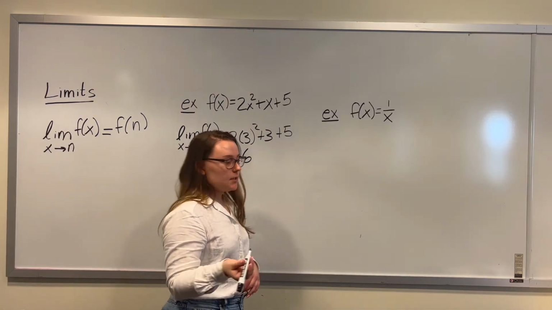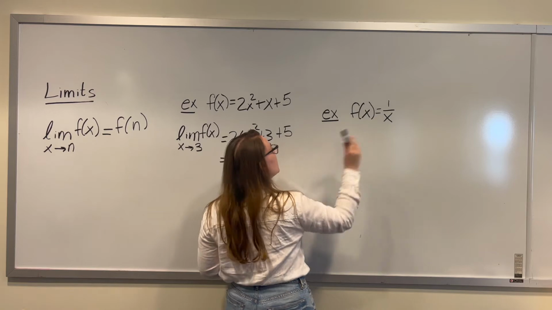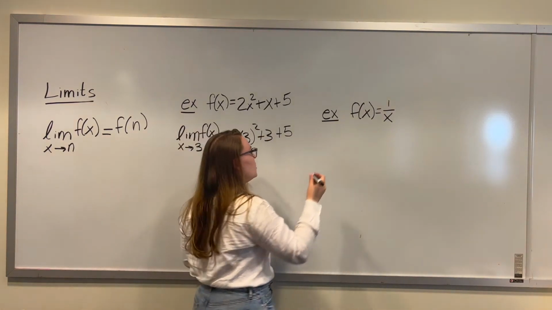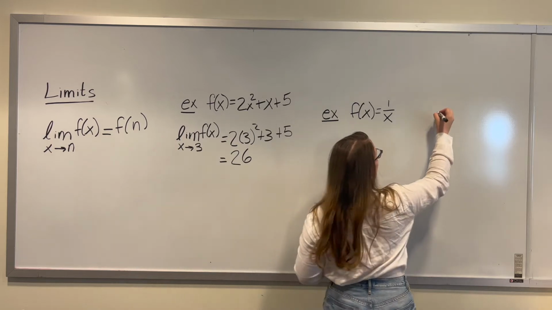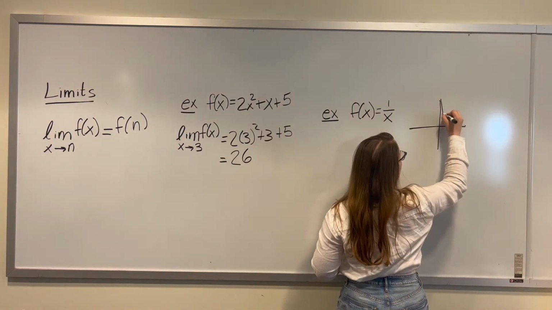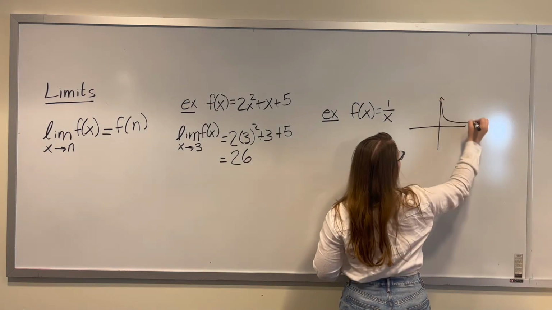Right, so our next example is not so straightforward because this function does not exist when x is 0. So if you recall, our function looks a little something like this.